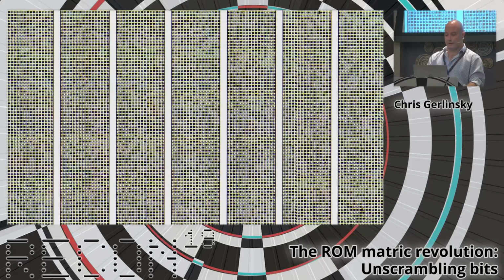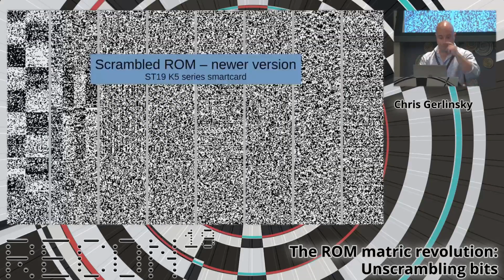So after extracting the bits, we get patterns that start to look like this. These are the extracted bits from one of the ST19 K5 series smart cards, and we can see, especially on the left-hand columns, some large blocks. And we can guess already that what they're doing is inverting bits in a pattern here.